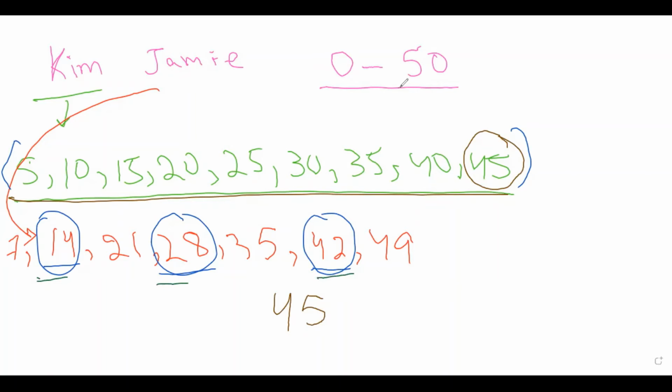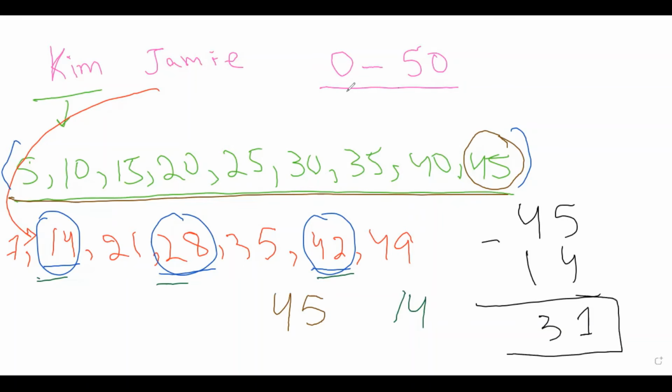The smallest of these three is 14. So we will subtract 14 from 45. 5 minus 4 is 1, 4 minus 1 is 3. So the answer is 31. Is it clear?